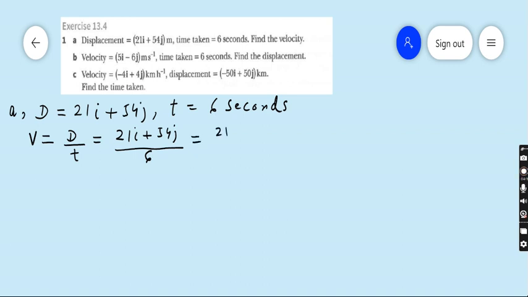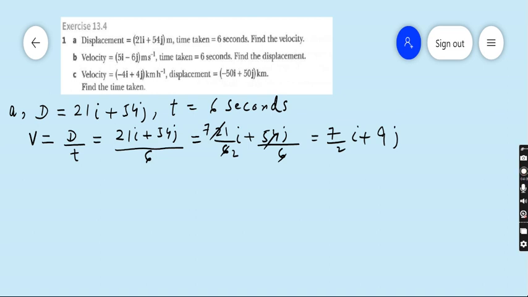So 21i upon 6, plus 54j upon 6. 3 7s are 21, 3 2s are 6, 6 9s are 54. So 7 upon 2 i plus 9j.